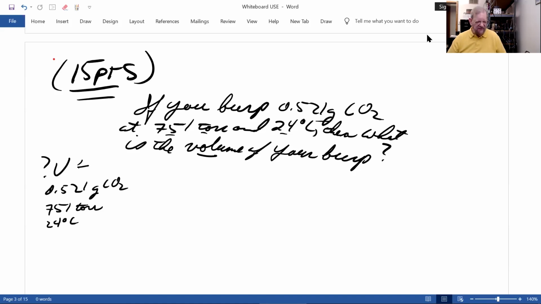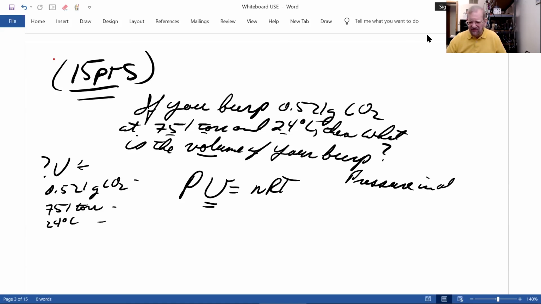And where do you find a relationship between all these? PV equals nRT. And what are we solving for? V. Remember, P is pressure in atmospheres. V is volume in liters, and I'll always give you liters. n equals moles.